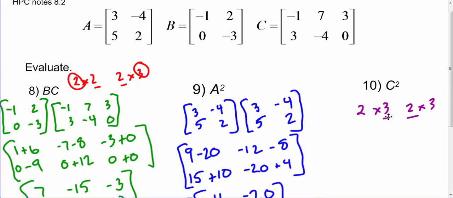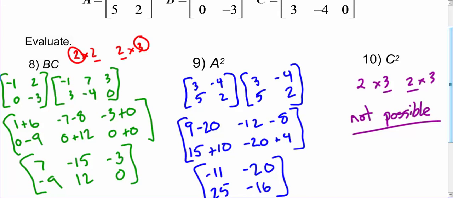The number of columns does not match the number of rows. So I stop right here. We're done. Not possible. So again, this would bring up the idea of, if you're going to square a matrix, what kind of dimensions do you have to have on that matrix?